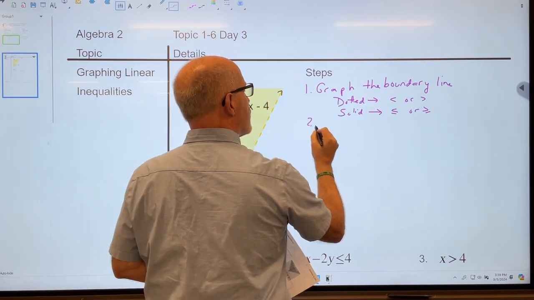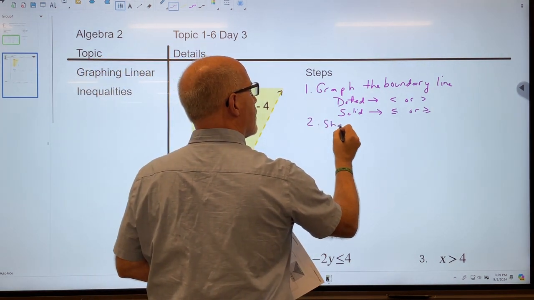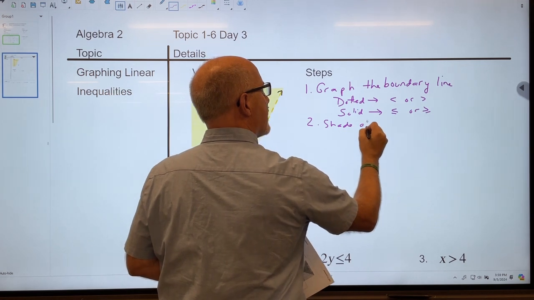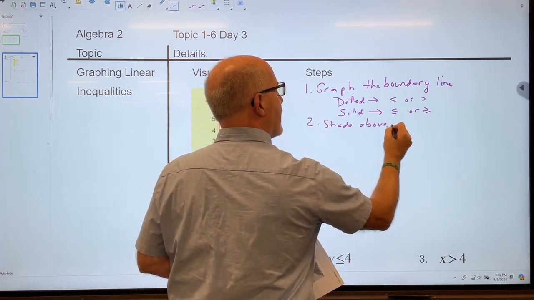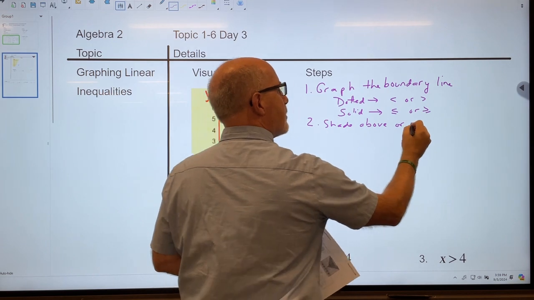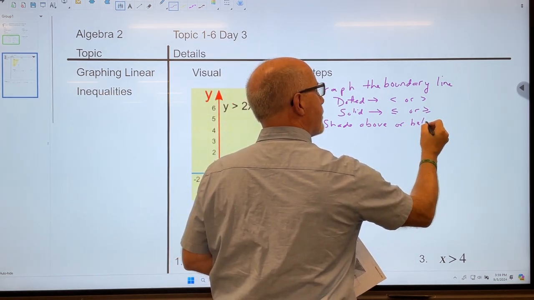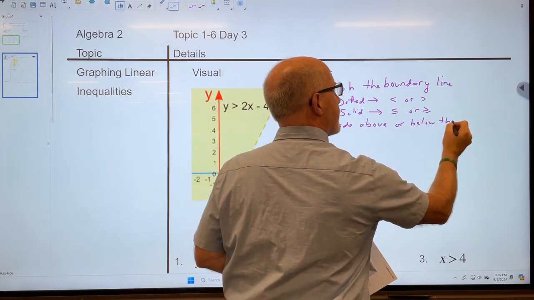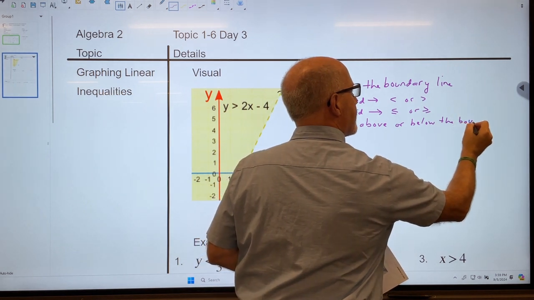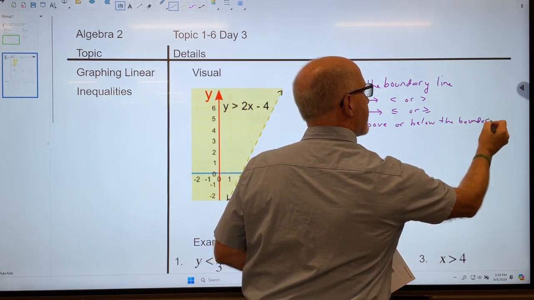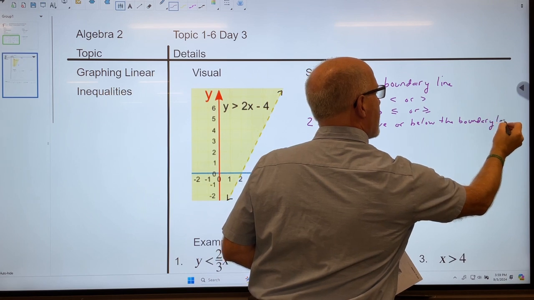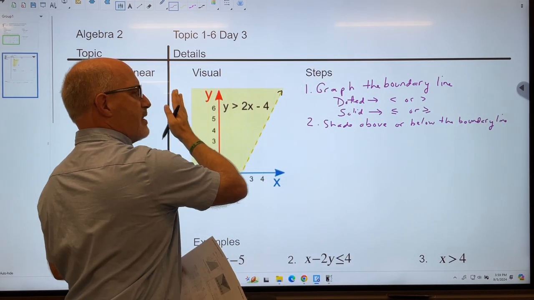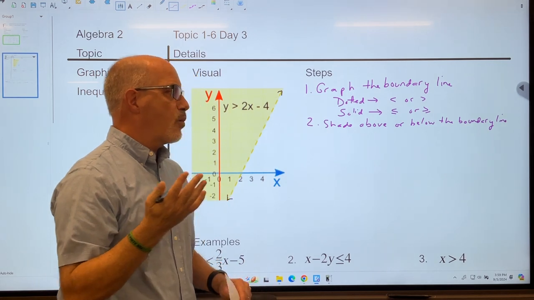Second, you're going to shade above or below the line. So that boundary line has an above side and a below side, and you have to decide which one to shade.